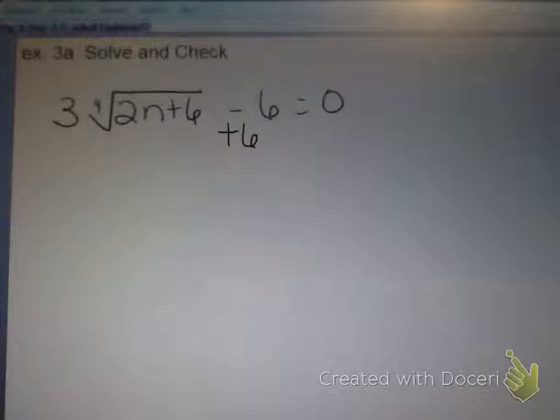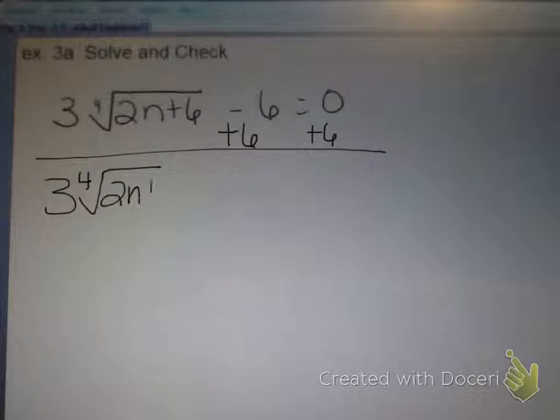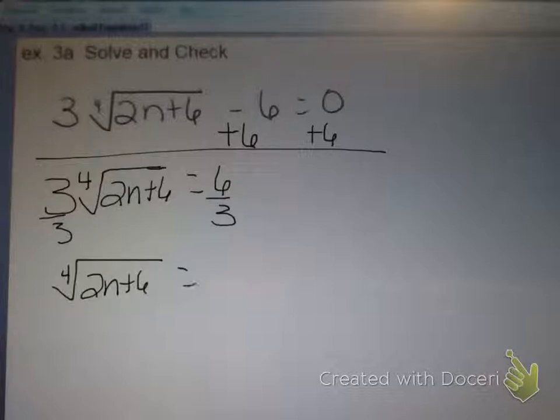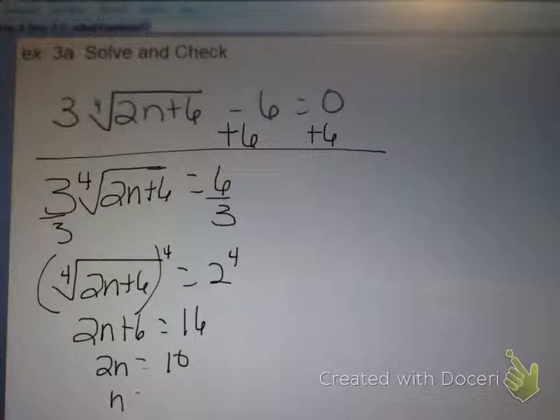Example 3a. We want to get the radical by itself, so we have to add 6, and then we have to divide by 3. Now we have to do everything to the fourth power, and then solve for n. Check it.